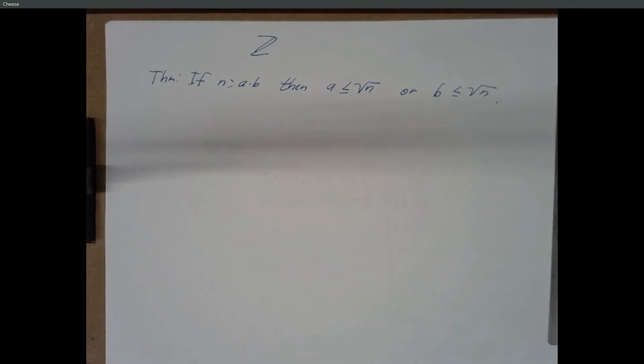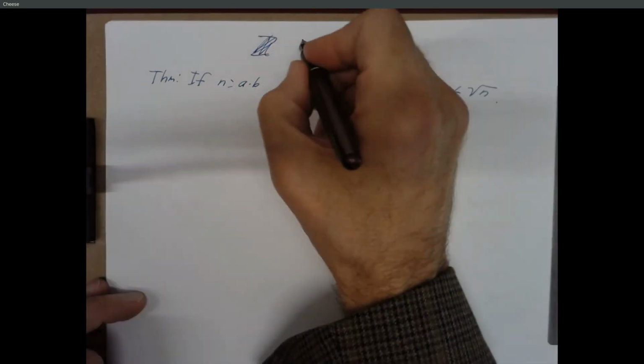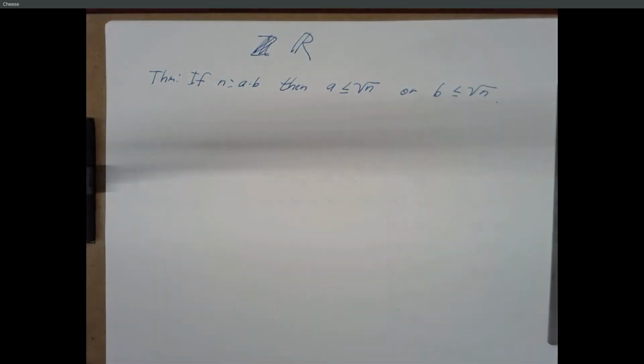Let's work over, I just changed my mind. Let's work over the reals. So square roots are meaningful. So if a real number n is the product of two other real numbers, a and b, then either a is less than or equal to the square root of n, or b is less than or equal to the square root of n. And this turns out to be true.